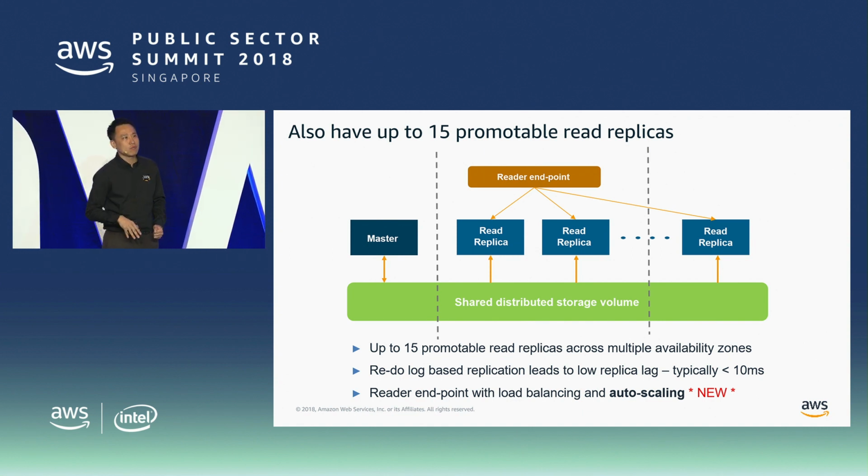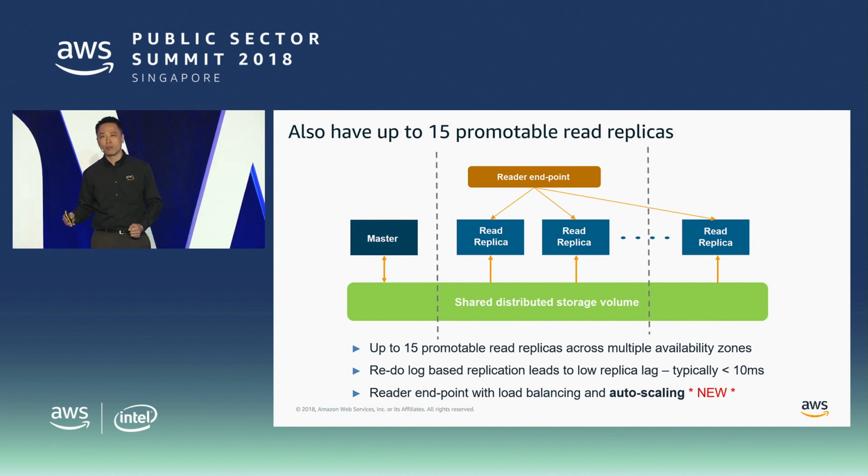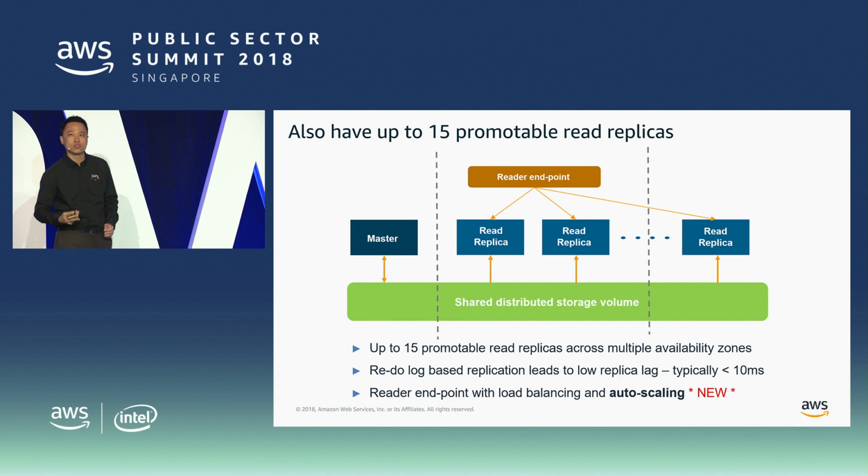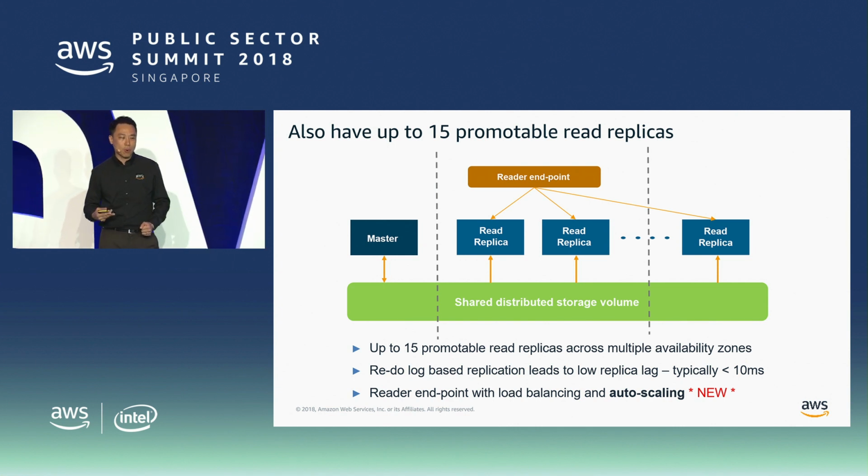So we have 15 read replicas. What's so special? I need to talk to each of the individual read replicas. I also need to determine which read replica is up and running before I am able to issue the query. So that's why we introduced a new feature called reader endpoint with load balancing and auto scaling, in such a way that from your database application point of view, you only need to use one connection string.